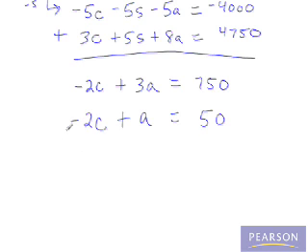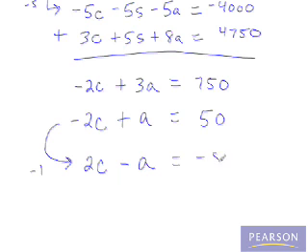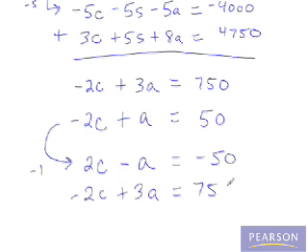Let's multiply the bottom equation by -1, which means I simply change the sign of all 3 terms, giving us 2C minus A equals -50. And we'll add our top equation, -2C plus 3A equals 750.